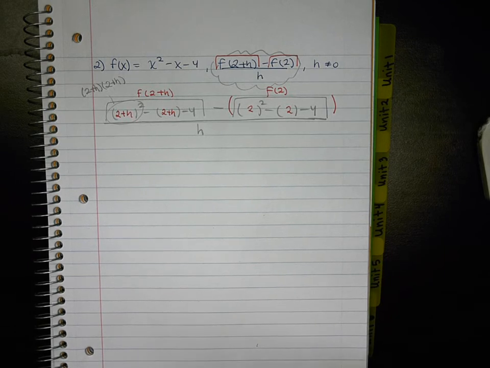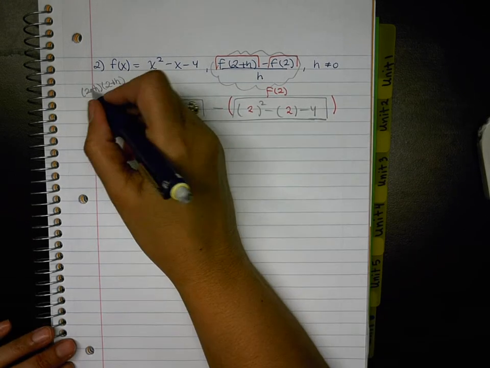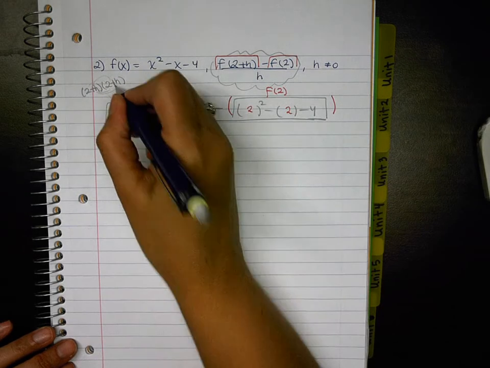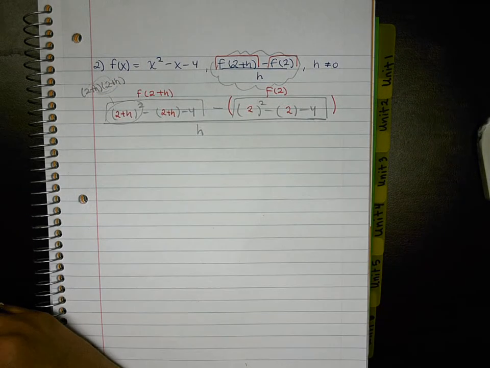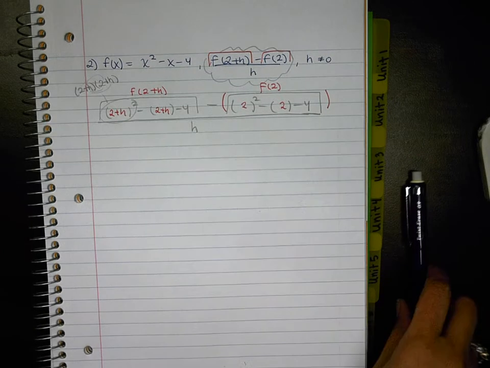Do your double distribution. Some of you do it all in one step, some of you do it step by step. Do whatever you do, however you do it. And then here on the next one, you're just going to distribute the negative.